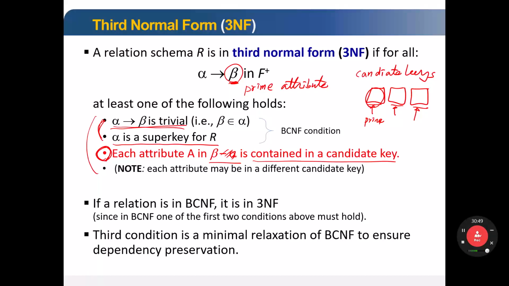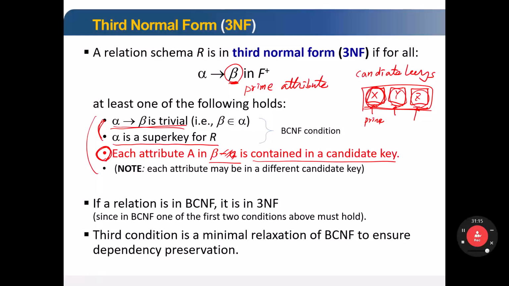So a prime attribute is basically a member of a candidate key. Oh, it's the other way, sorry. A candidate key consists of prime attributes. I'm sorry. So let's say we have X, Y, Z, and the candidate key needs all three attributes, then X is a prime attribute, Y is also a prime attribute, and Z is also a prime attribute.